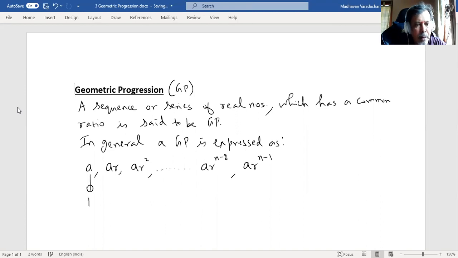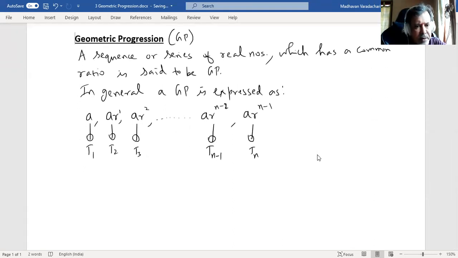This is our term 1, this is our term 2, term 3. We may notice that in term 1 there is no R, meaning it is basically R power 0. Here it is R power 1. That is why this will be our nth term and this will be our n minus 1th term.